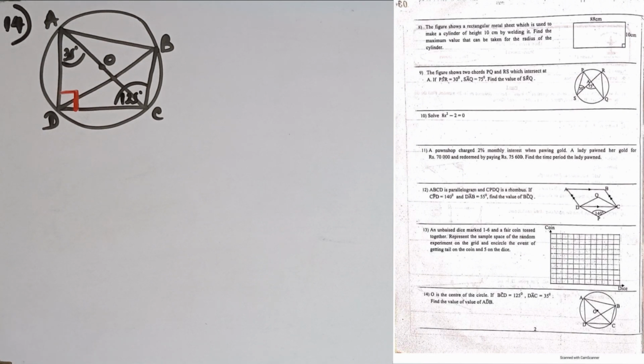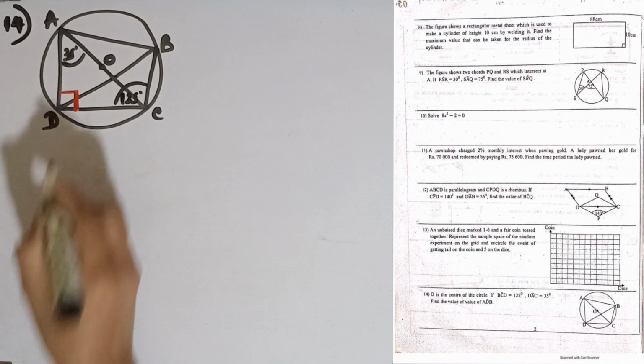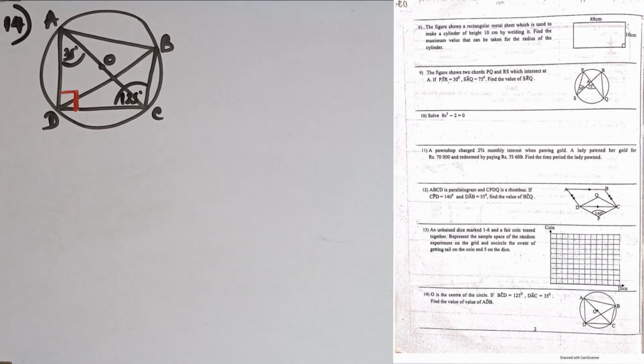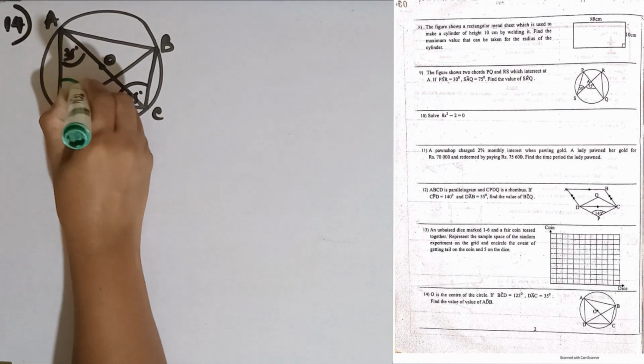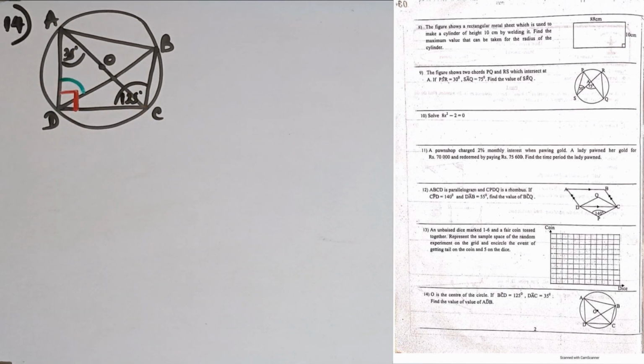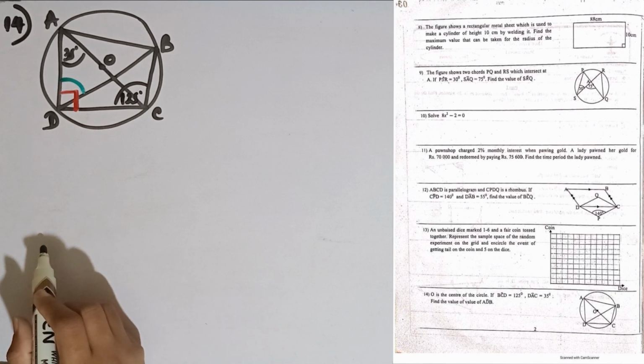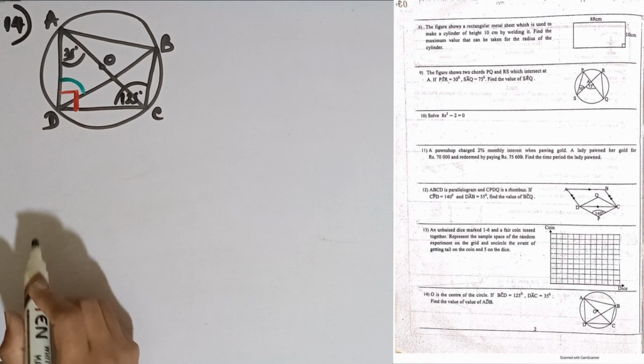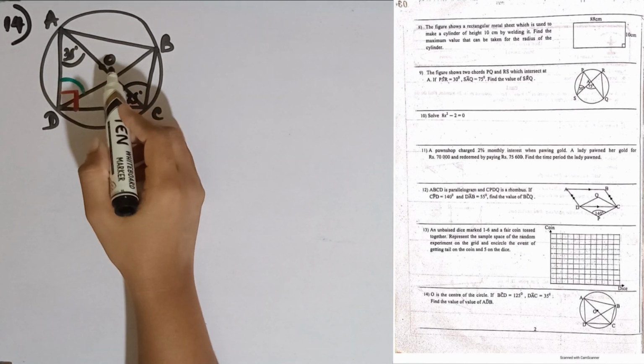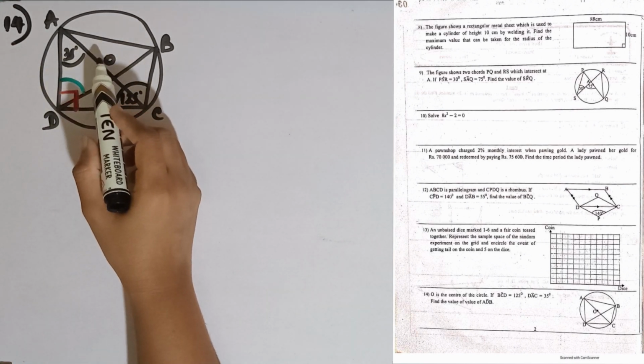Then, we want this ADB angle here. ADB means this one. Then we can find like this.